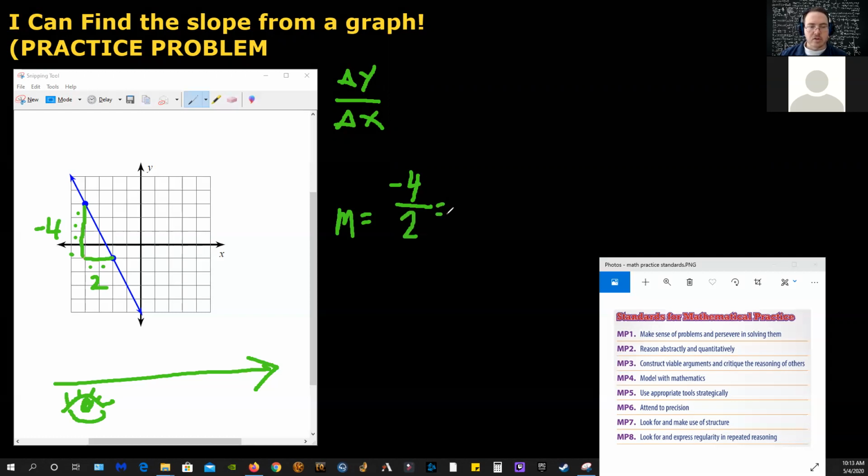Now -4 divided by 2, a negative divided by a positive means a negative value. 4 divided by 2 is 2, so the slope of this line is -2. So that's how you count the slope from a line that's going down. It's the rise over run, and sometimes that rise is decreasing.